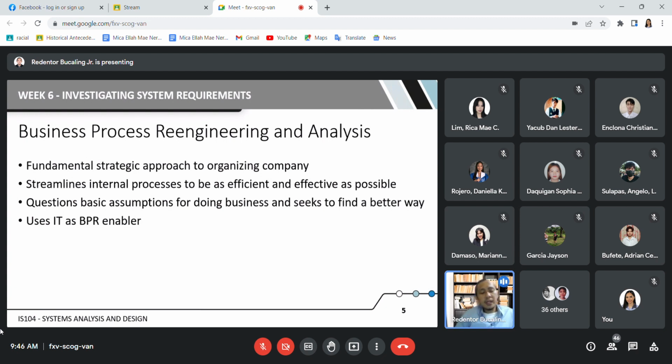So enabling the information technology under business process, no? Isa po 'yan sa kailangan nating ma-denote on the part of our project, no?